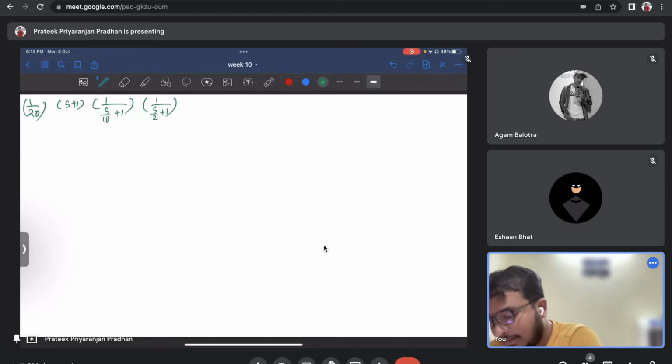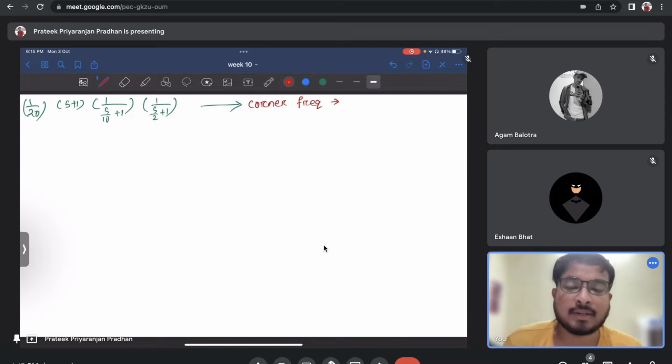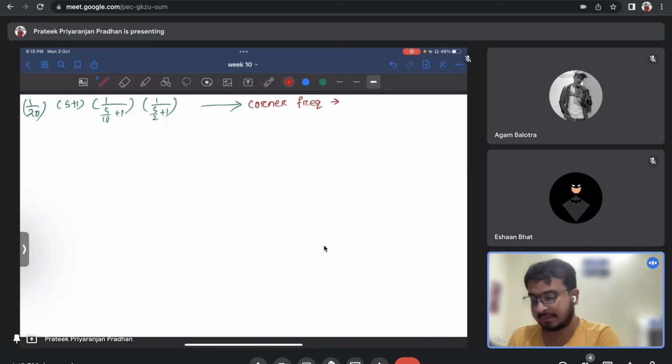Then who can say the corner frequencies? How many corner frequencies are there in this equation, and what are they?